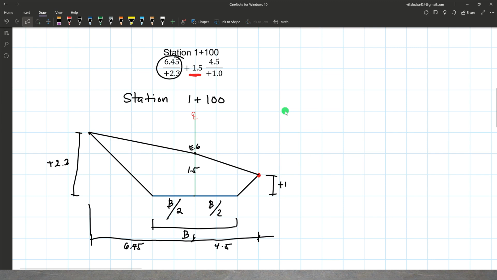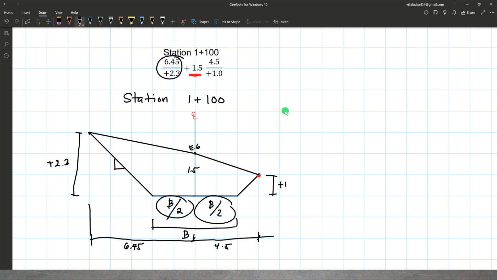So for that, we can compute the base. How can we compute the base if we don't have a given road width? In designing the roadway, the side slope of the cross section should be uniform, of the same slope.